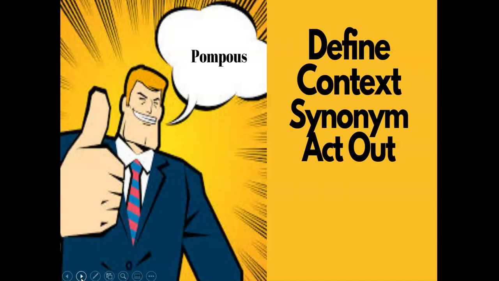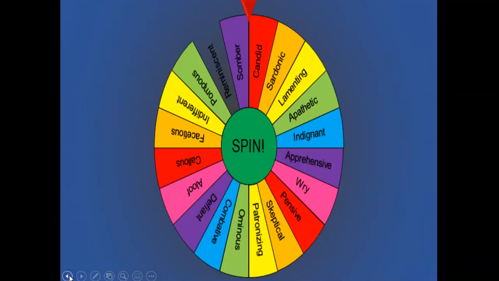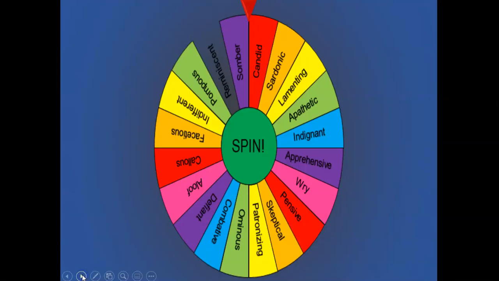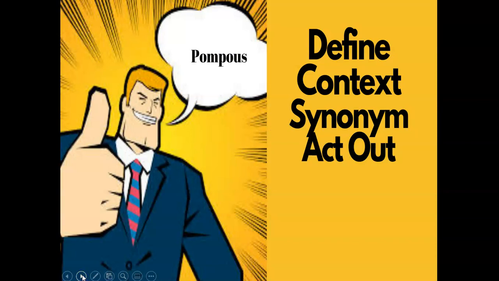So you just go around based on however the kids scored with regards to the Yahtzees. Students can steal points if students are giving wrong definitions or not defining the word correctly, or they use it incorrectly in context, or give wrong synonyms, etc. Again, in terms of that gamification process and the rules, you can run your own show on that.